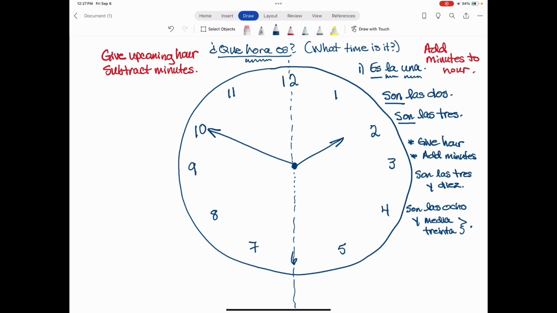So in this case, 10 minutes till 2 would be son las 2 menos 10. Remember from our math problems, menos means minus. Son las 2 menos 10.